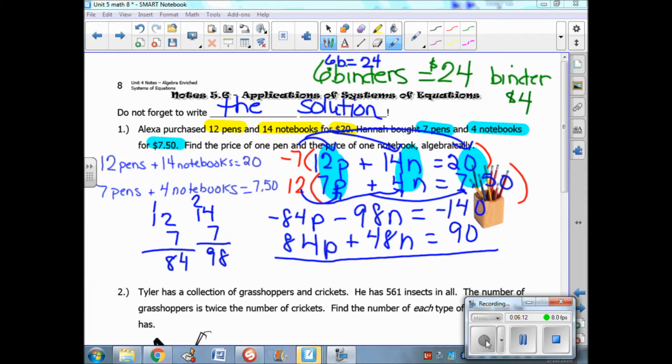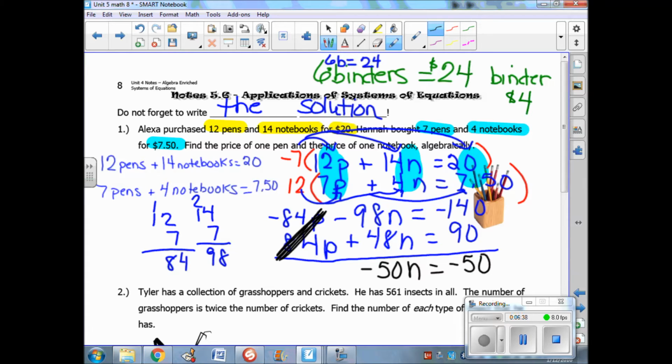Now let's draw the line and get things to eliminate. Negative 84p plus 84p, there are my opposites, cross them out. Now I've got negative 98 plus 48 for my n's, and I get negative 50n equals negative 140 plus 90, which gives me negative 50.